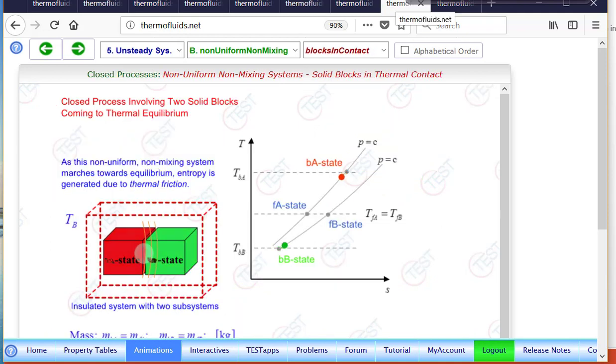There need not be mixing. For instance, if we put two solids, one hot and one cold, together, and again the red boundary is our closed system. As you can see, there could be internal heat transfer, and the system goes from BA and BB states to a final state where the equilibrium is reached.